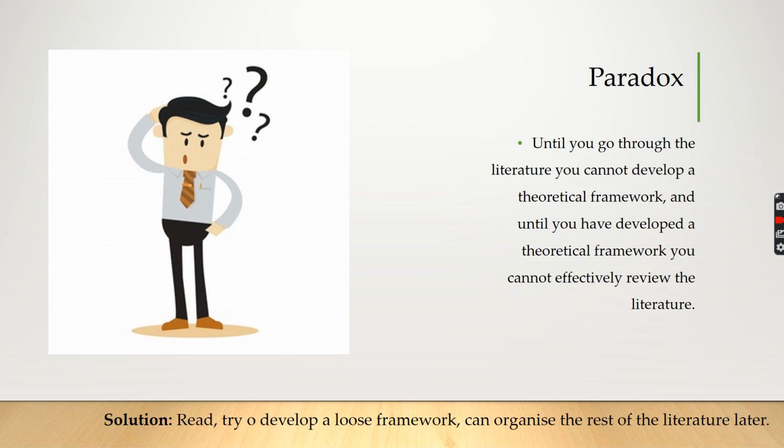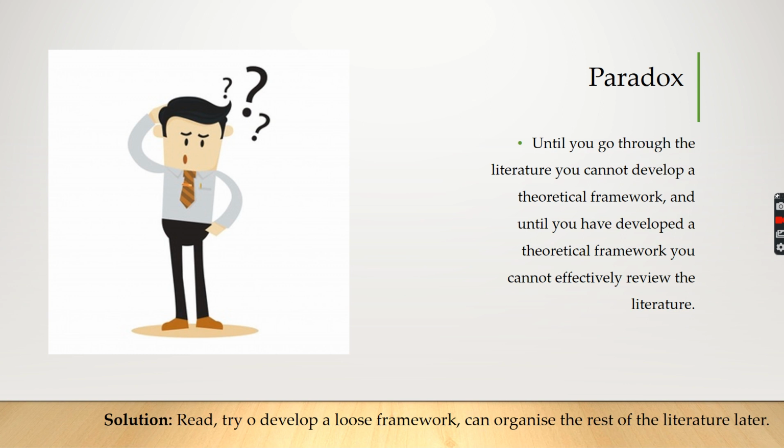Why is there a paradox between the theoretical framework and your literature review? Basically, until you go through the literature, you cannot develop a theoretical framework, and until you have developed a theoretical framework, you cannot effectively review the literature.